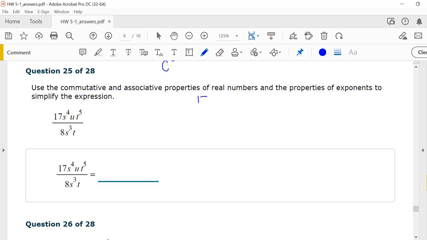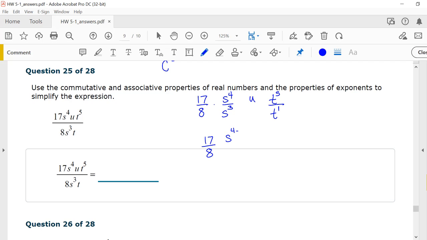Number 25. 17 over 8, s to the 4 over s cubed, u, and then t to the 5 over t to the 1. 17 over 8 does not reduce, so we're just going to leave it.